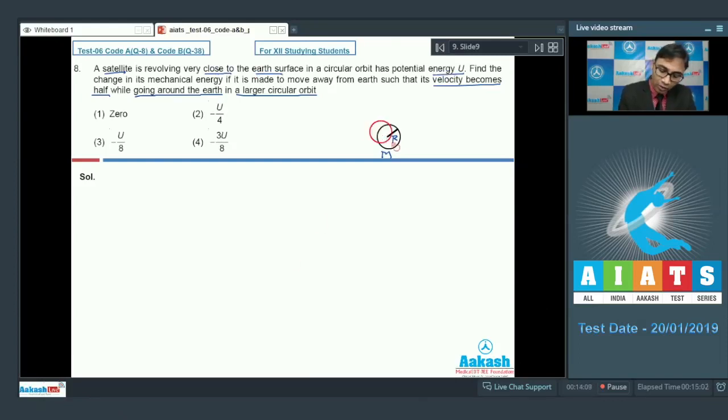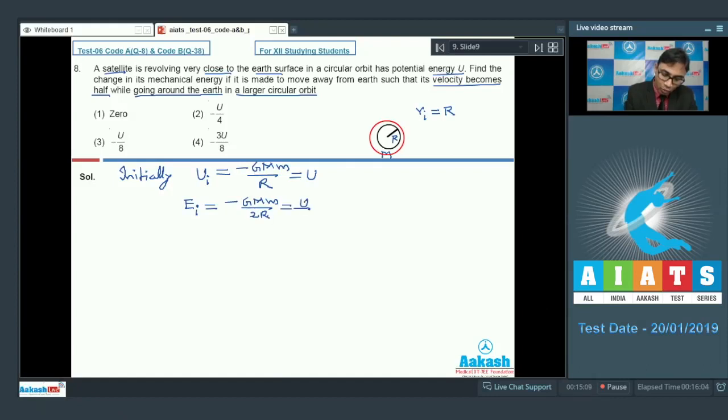So we can take the radius of the orbit of the satellite initially to be equal to R. So the initial potential energy U initial will be equal to minus G M m by R. But according to the question, this is given as U. And the total mechanical energy initially will be equal to minus G M m by 2R.